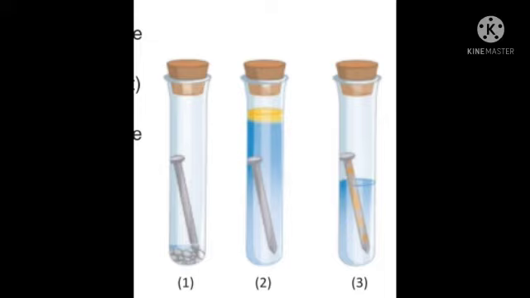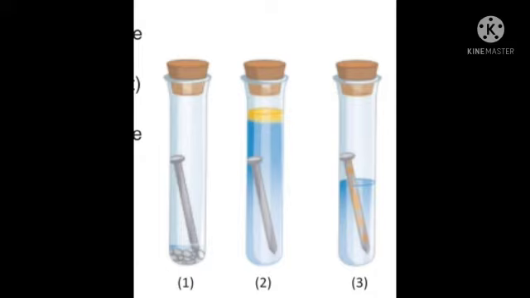How to do this activity? First, take three test tubes and label them as 1, 2 and 3 and place a clean iron nail in each of them. Second, add a little anhydrous calcium chloride to dry the air in test tube 1.